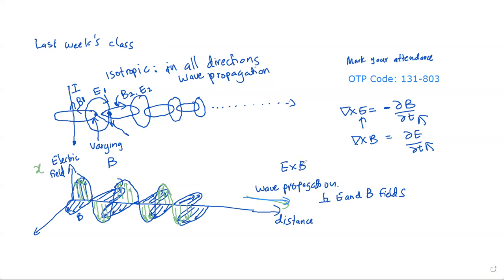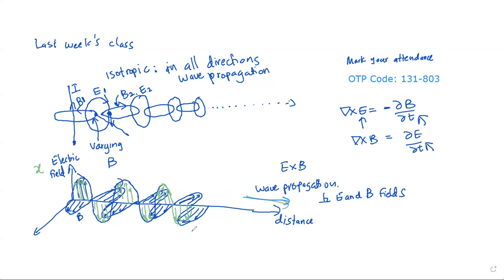From E to B, if we move our fingers, we can see the wave direction along the thumb direction. So that is how we can visualize the generation of a wave.